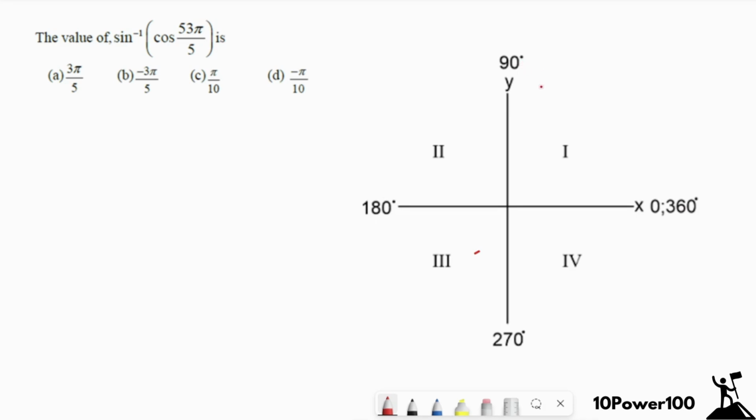Next, 5 nines are 450, 6 nines are 540, 7 nines are 630, 8 nines are 720, 9 nines are 810, 10 nines are 900.